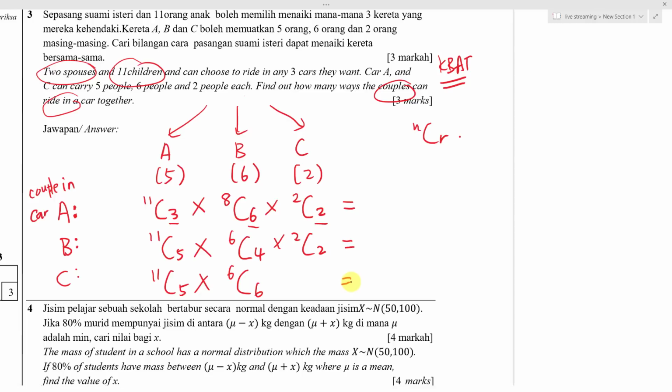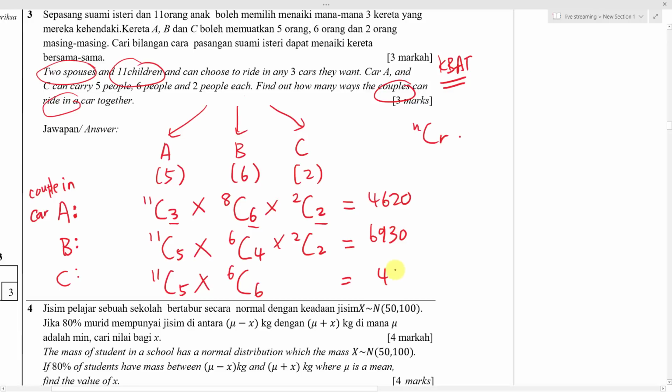So 11C3 multiplied by 8C6, you get 4620. Then 11C5 multiplied by 6C4. You realize I didn't type 2C2 into my calculator because, like I said, 2C2 is 1. Like 6C6 is 1, so I actually don't need to type it.